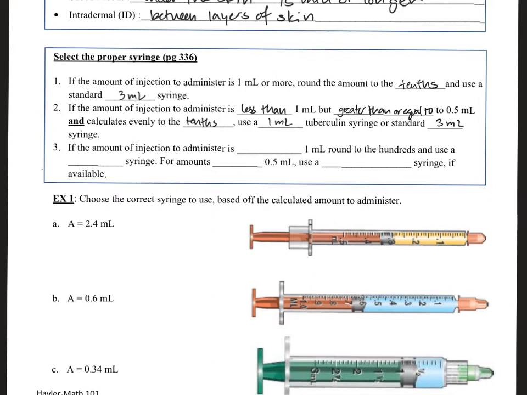Lastly, if the amount of the injection to administer is less than 1 milliliter, round to the hundredths and use a tuberculin syringe. For amounts that are less than 0.5 milliliters, use a tuberculin syringe, if available.